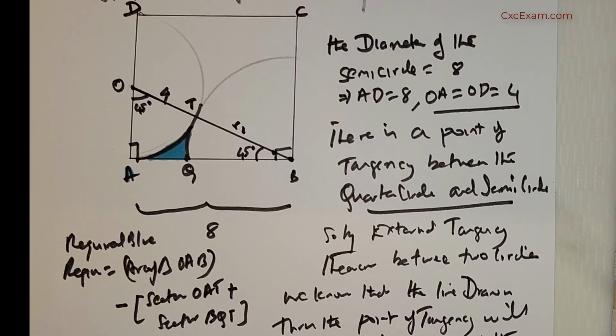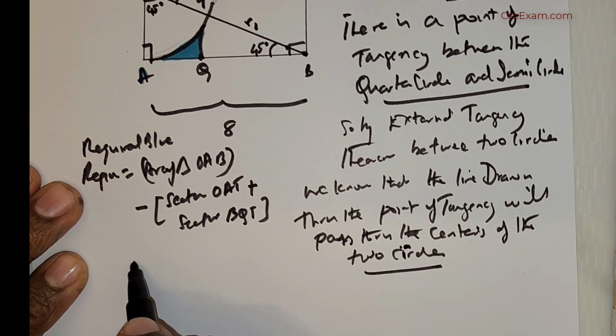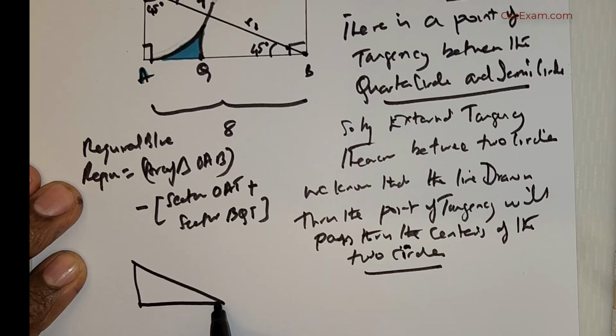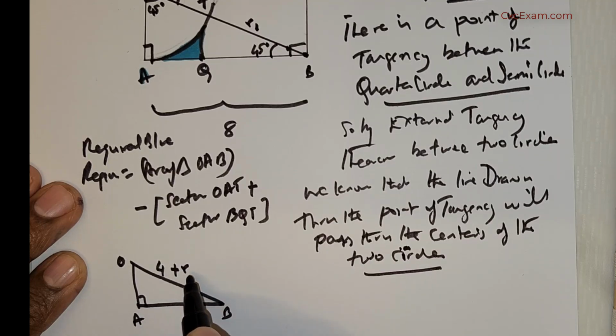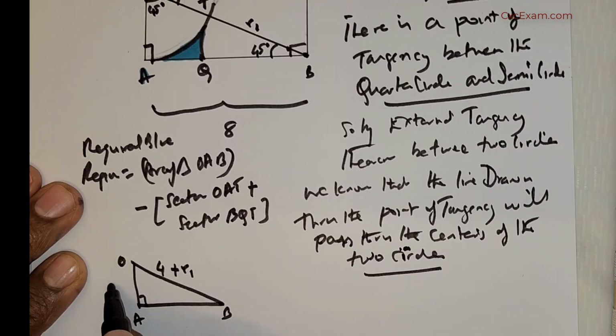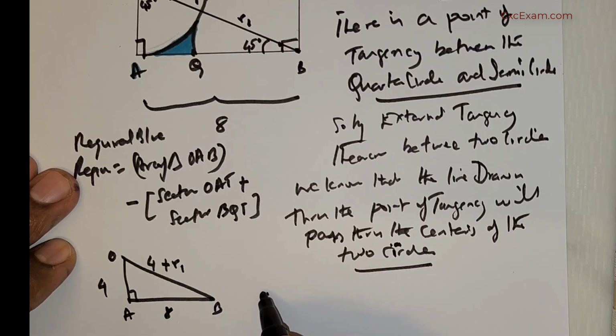Okay, so what I'm going to do is I would be considering a triangle OAB. There's a 90 degree there. So this distance is 4 plus r1, and this distance is 4 units. This distance is 8 units.